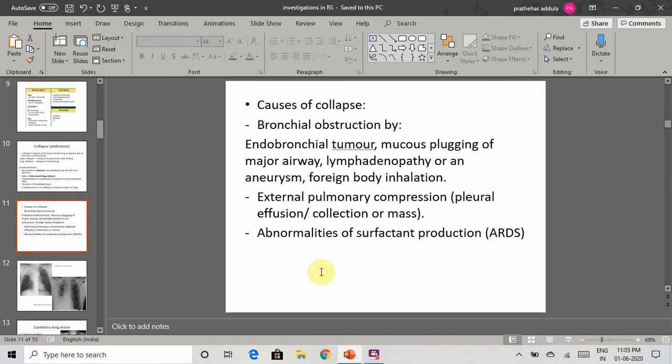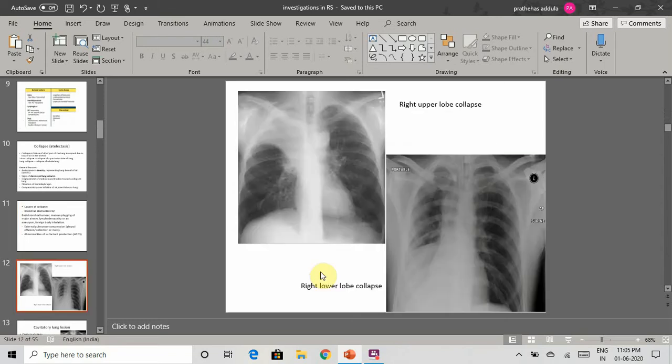Causes of collapse: bronchial obstruction by tumor, mucus plug, lymphadenopathy, aneurysm, foreign body, or external pulmonary compression by pleural effusion, collection or mass. These X-rays show right upper lobe collapse and right lower lobe collapse, where we can understand the shifting of the trachea, mediastinum and volume loss.